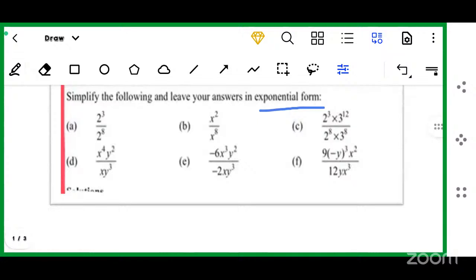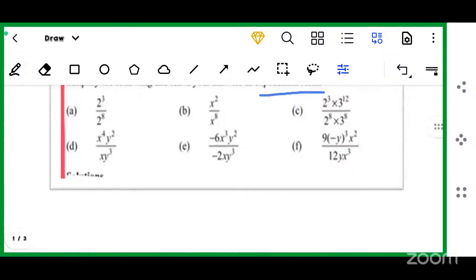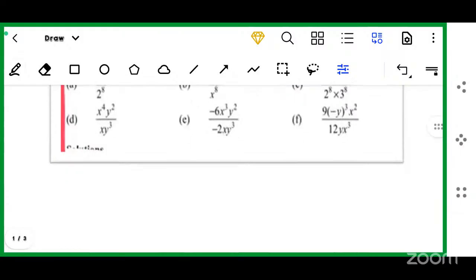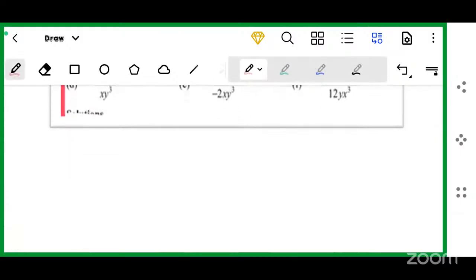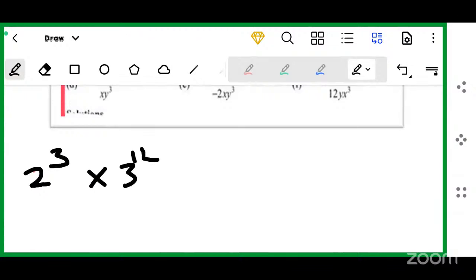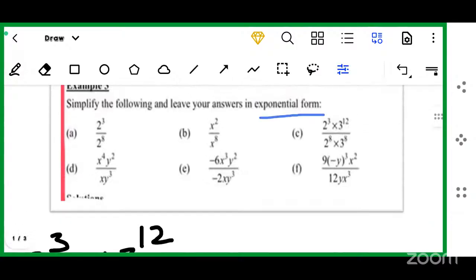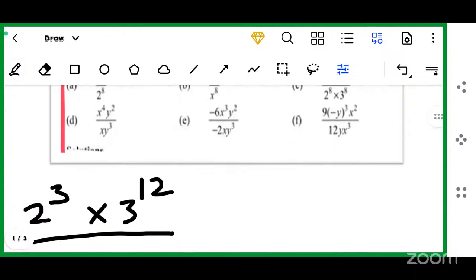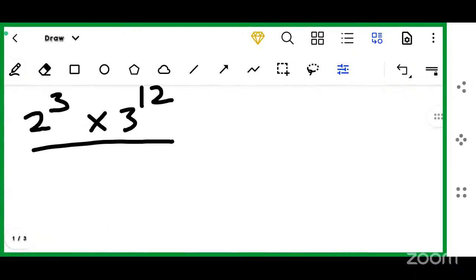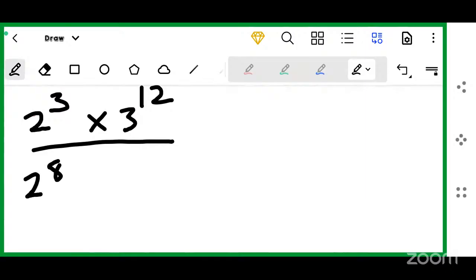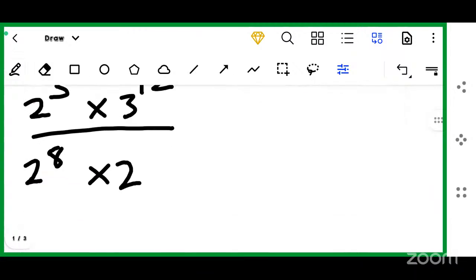What you see, we have 2 to the power of 3 times 3 to the power of 12 over the next one, 2 to the power of 8 times 3 to the power of 8.